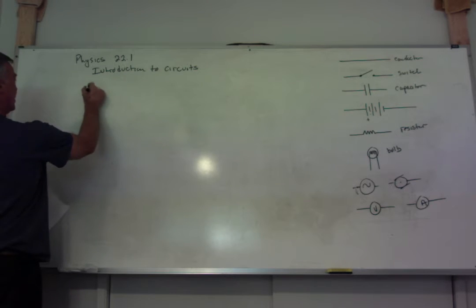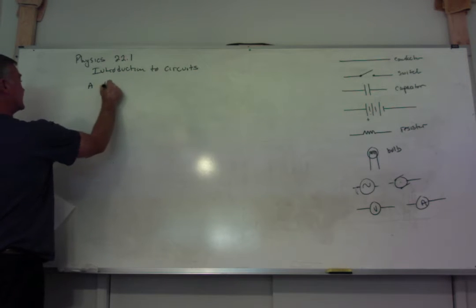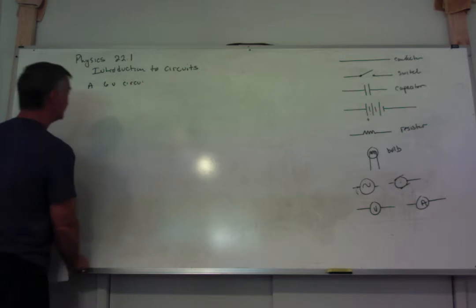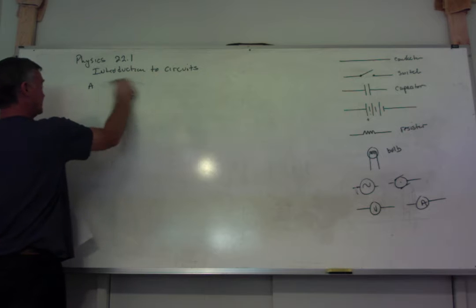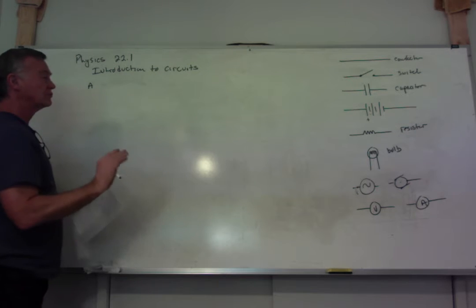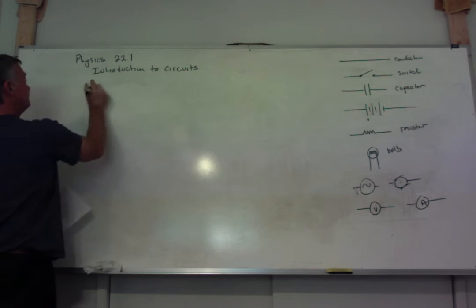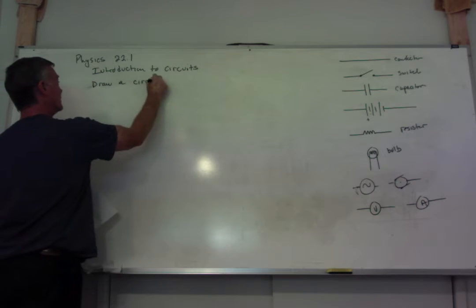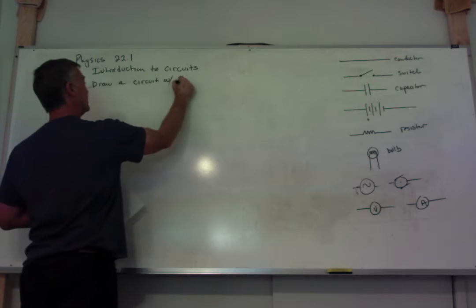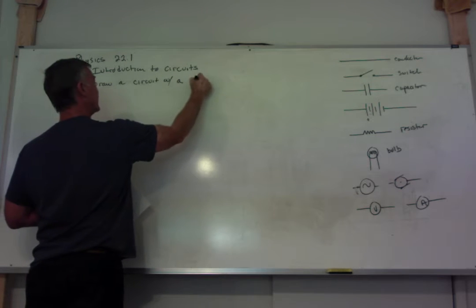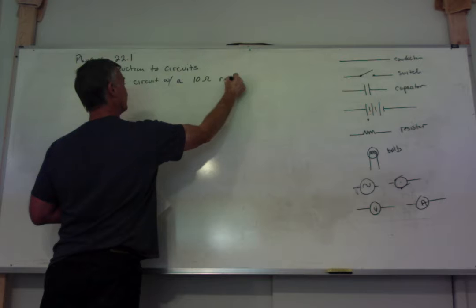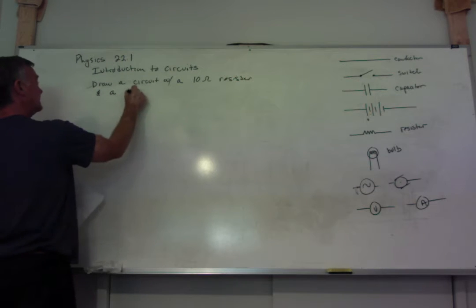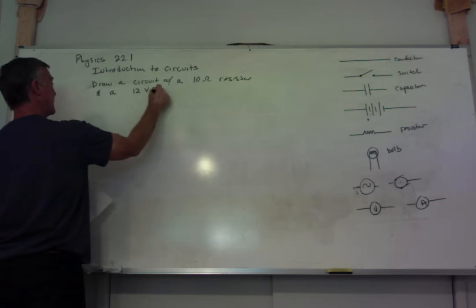I want to draw a circuit with a 10 ohm resistor and a 12 volt battery.